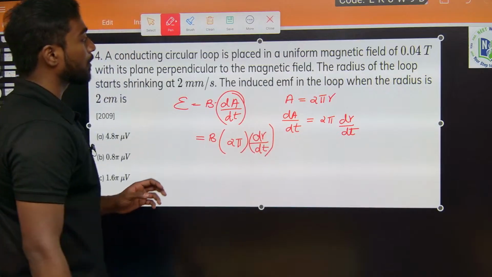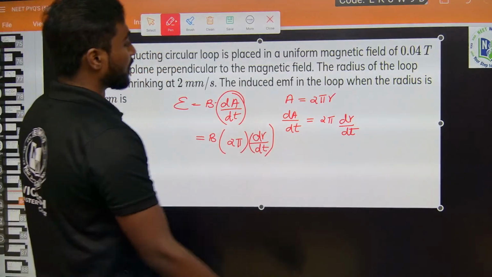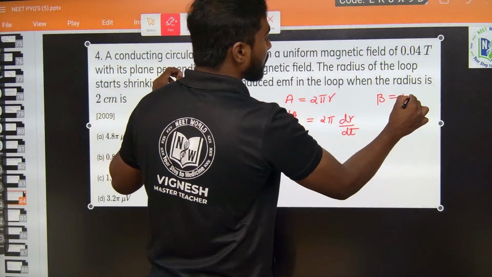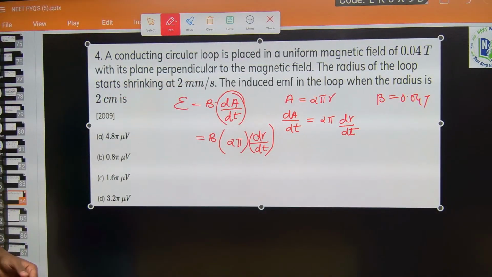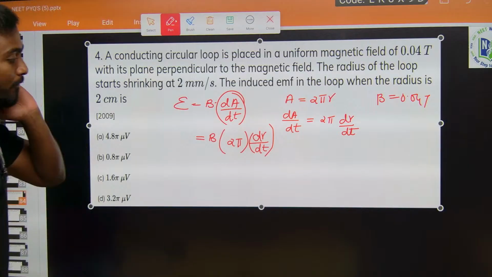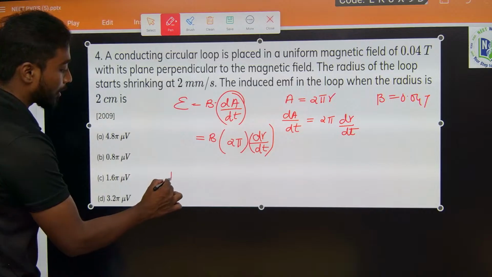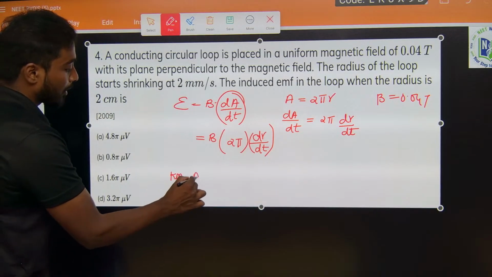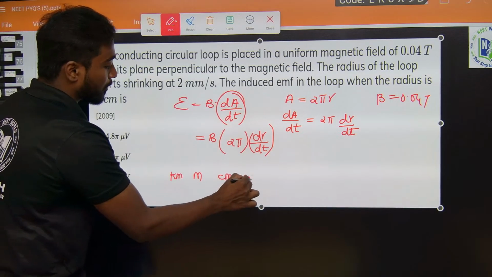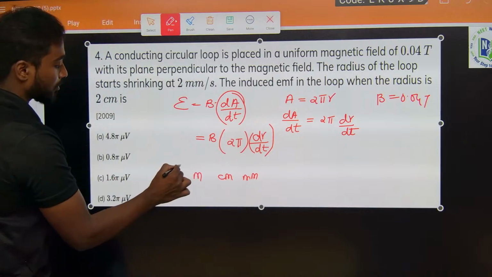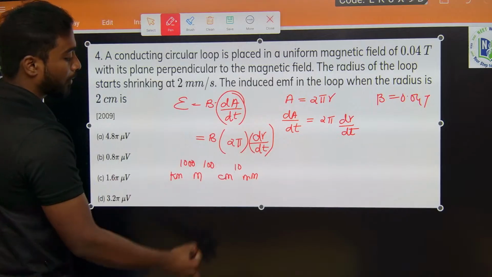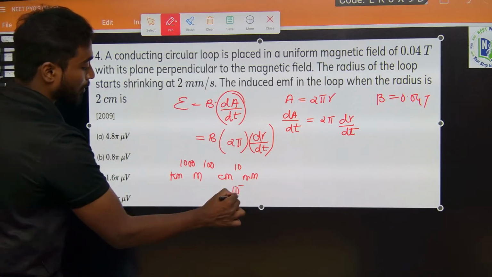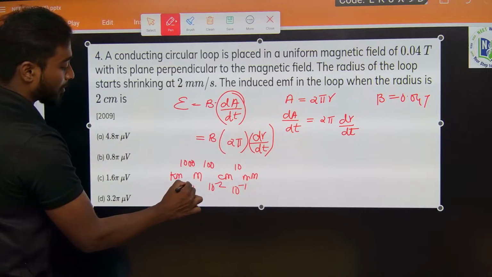So what are the given terms here? Magnetic field is given, B is equal to 0.04 T, with its plane perpendicular to the magnetic field, and the radius is shrinking at 2 millimeter per second. I have told about the conversions also: km, m, centimeter, millimeter, so 10 power 3, 10 power 2, 10 power 1, 10 power minus 1, 10 power minus 2, 10 power minus 3.